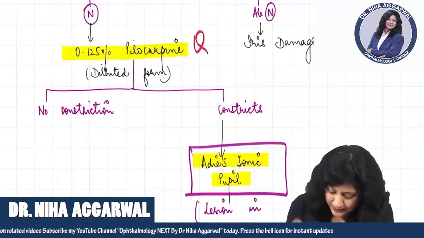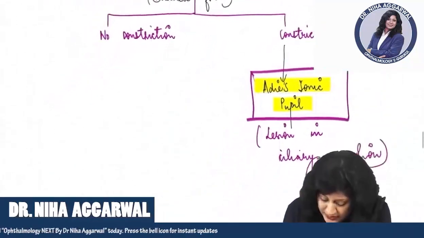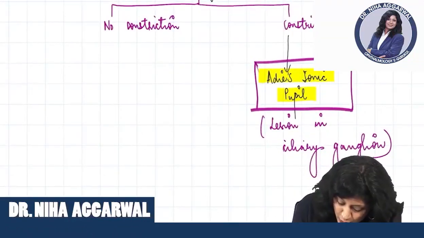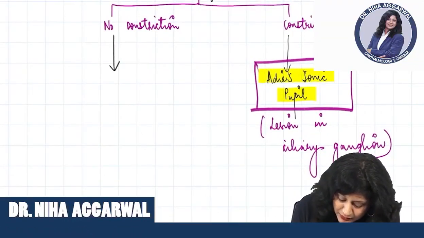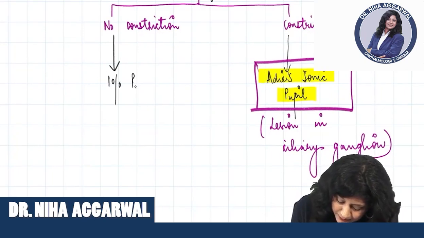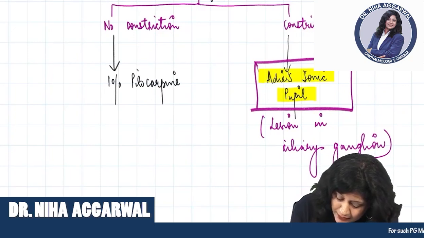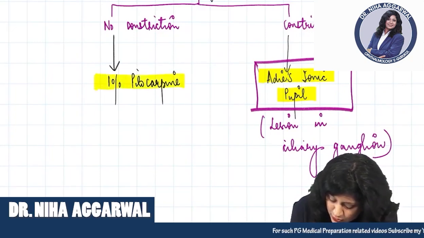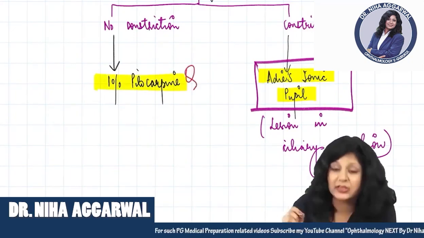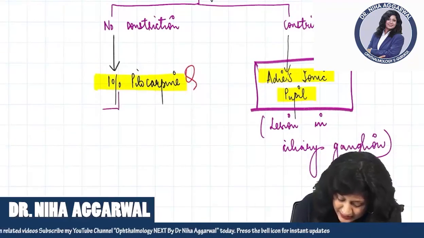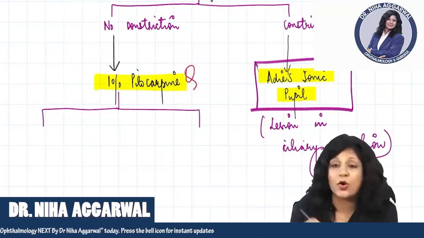Now suppose it is not showing the constriction. Then you give 1% pilocarpine. This should be the second dosage of pilocarpine that has been used in the question. Now again there are two possibilities: you get the constriction or not.